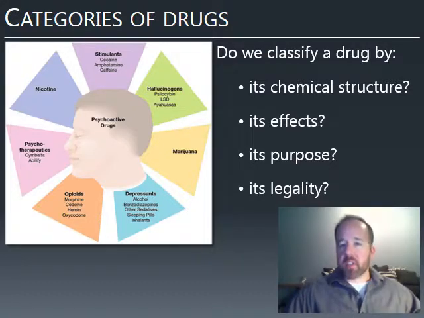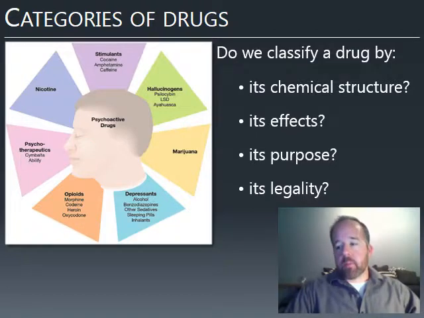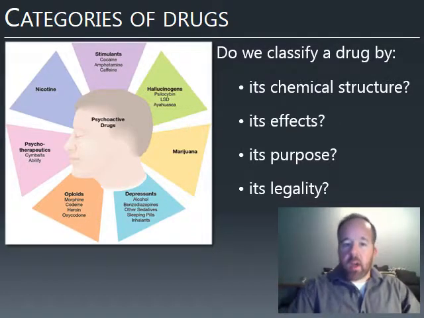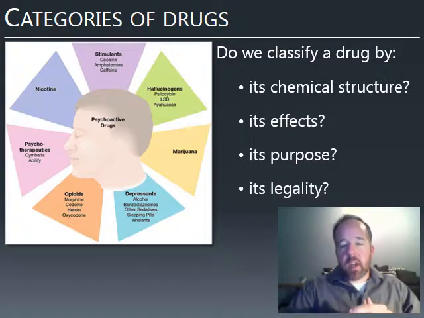So for our purposes in this course, we will talk about the legality of drugs, but just as a framework for describing different drugs, that's not as useful, primarily because laws change over time and they change from place to place. So categorizing them as legal or illegal isn't a very rich explanation.